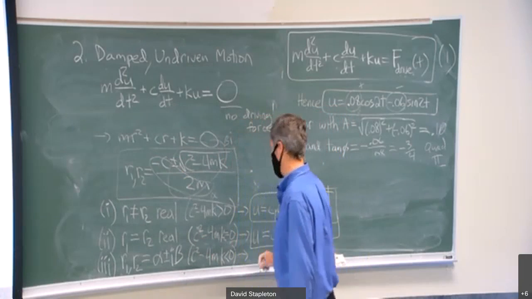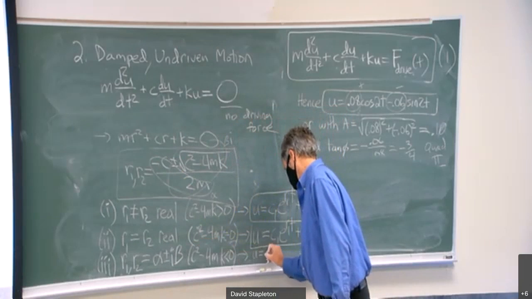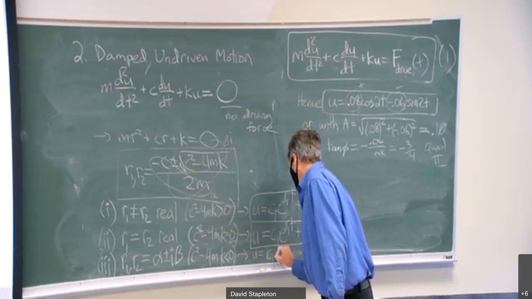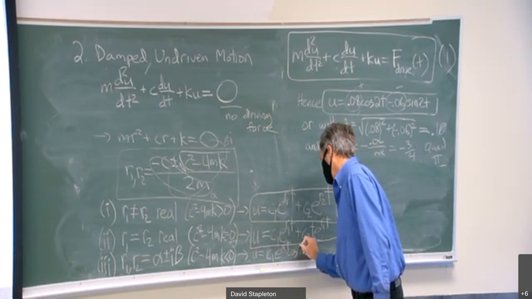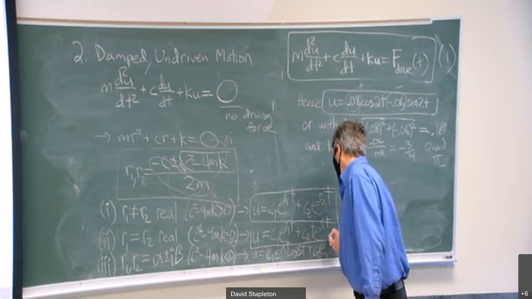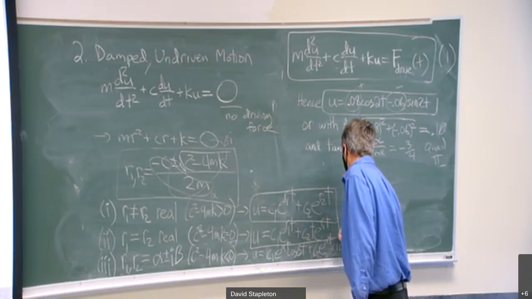Now, in this case, you remember when you have complex conjugates, the general solution is u equals C1 e to the alpha t cosine beta t plus C2 e to the alpha t sine beta t. You thought you were all done with that section. That's all right.